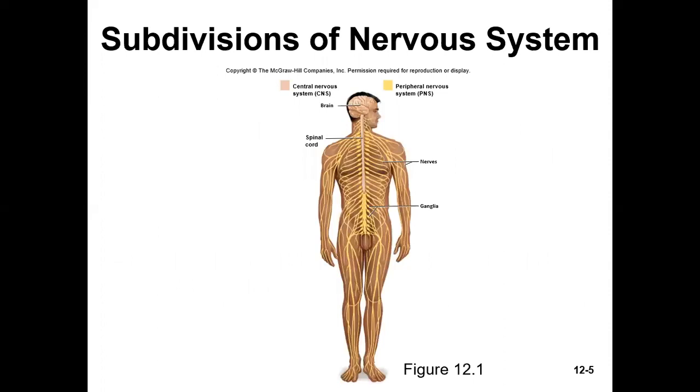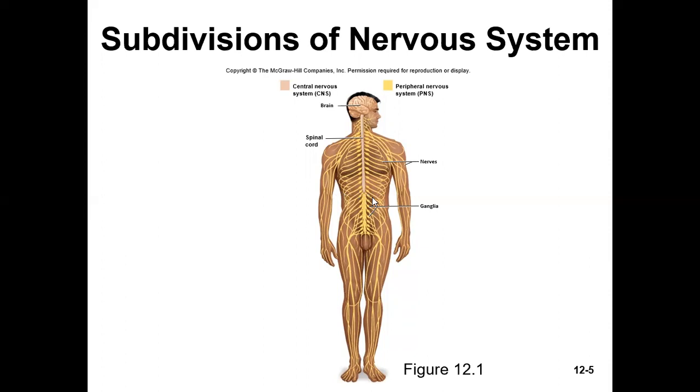So in this picture, hopefully you can see the differences in the color. The pink areas are the central nervous system. Notice the brain, and the extension of the brain is the spine. Also notice the spine actually ends where you wouldn't expect it, I would think. Kind of mid-thorax, almost.